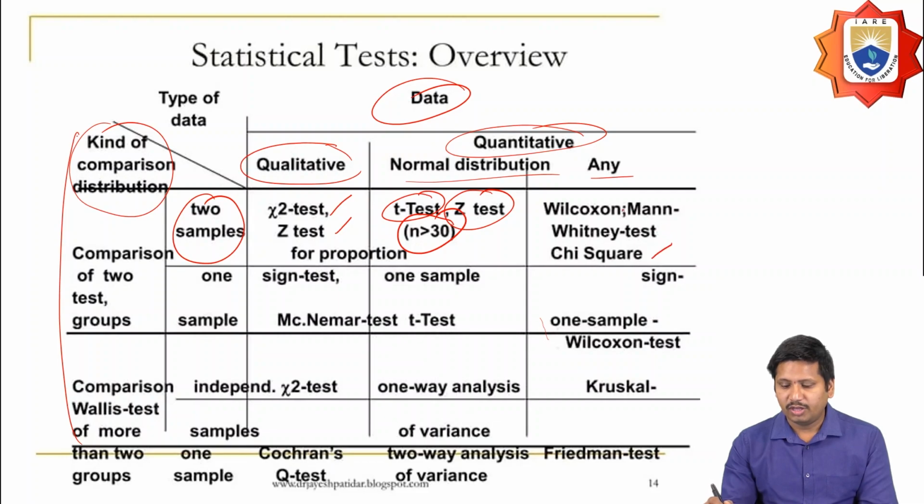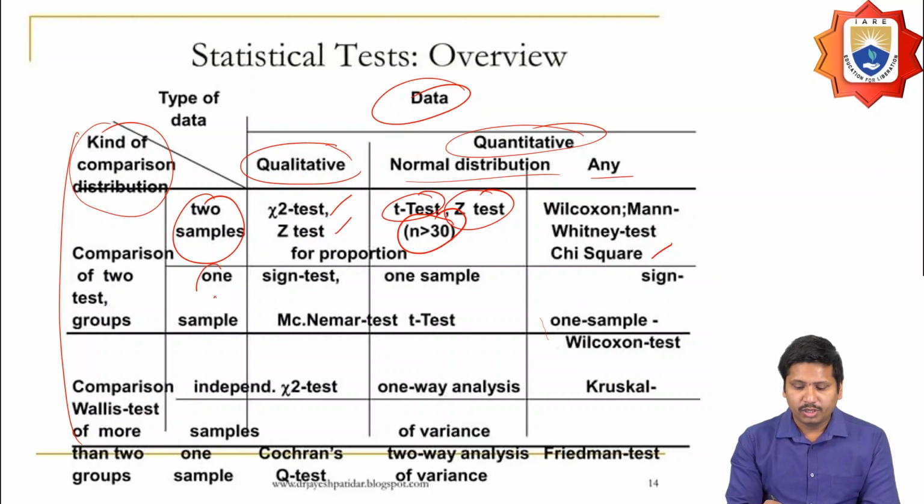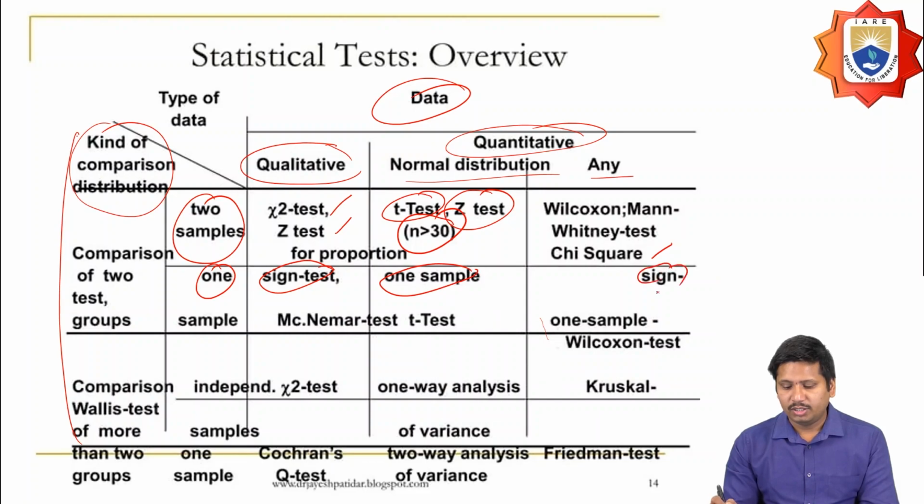These are some of the other types of tests we can perform apart from the normal distribution. Similarly, on one sample, I can simply perform a sign test, a one-sample test.